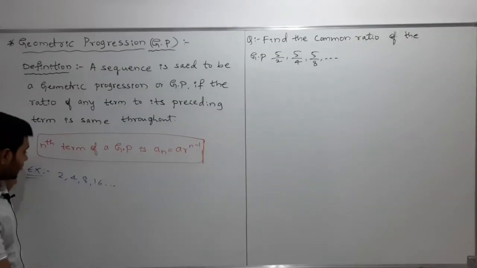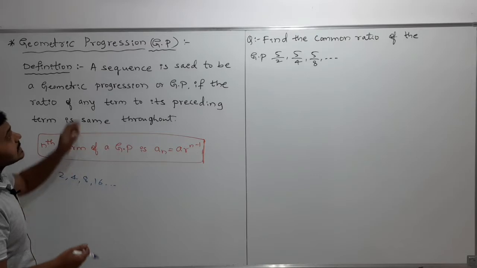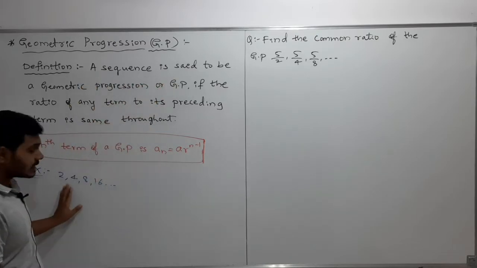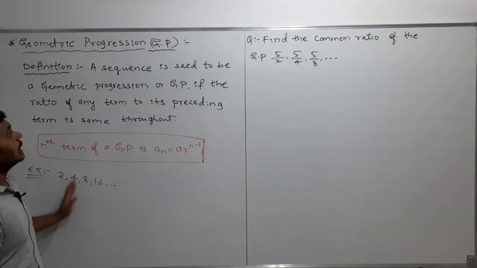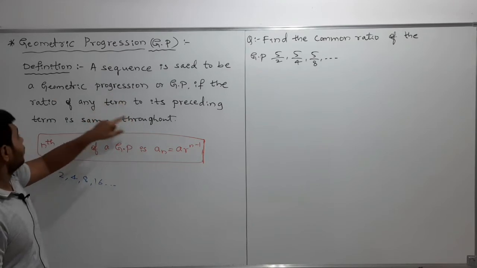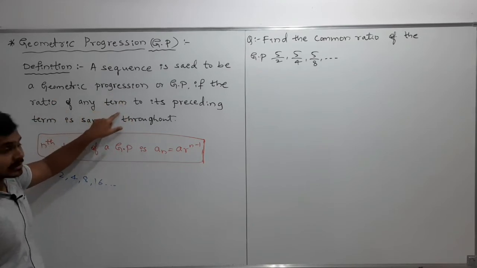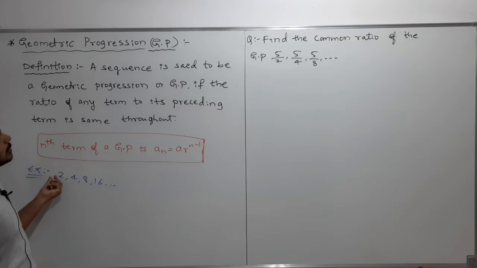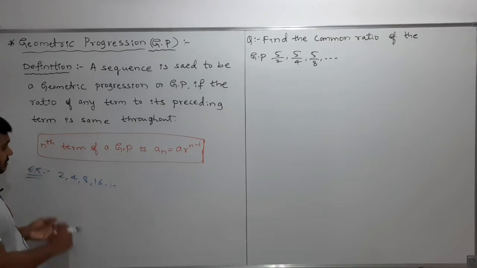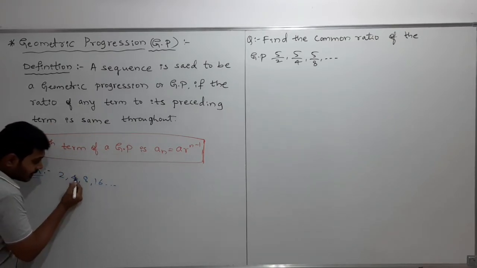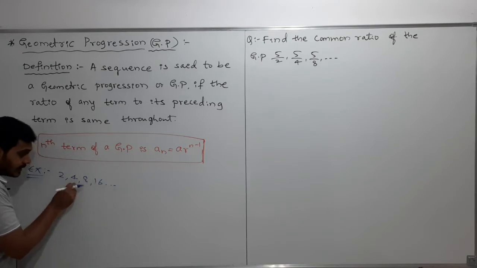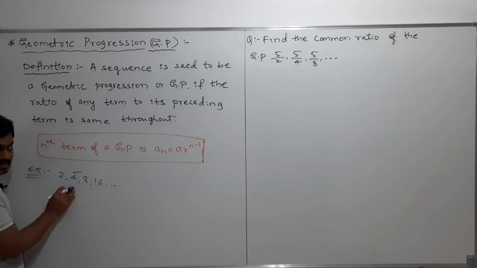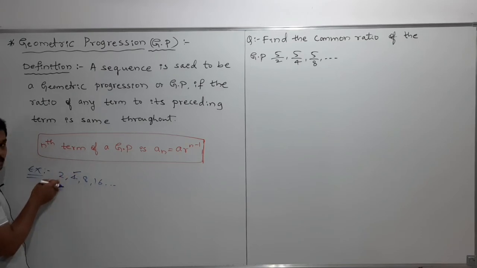Why it is a GP: the definition says a sequence is said to be a geometric progression if the ratio of any term to its preceding term is the same throughout. If I consider one term, say 4, the preceding term of 4 is 2.